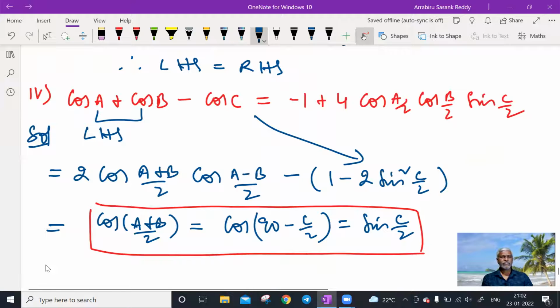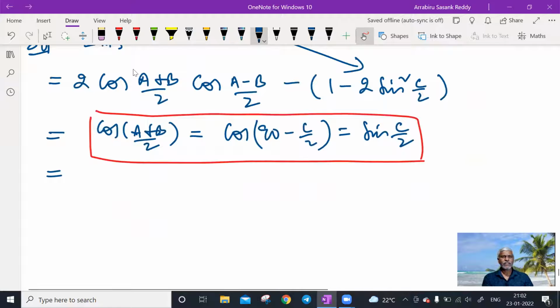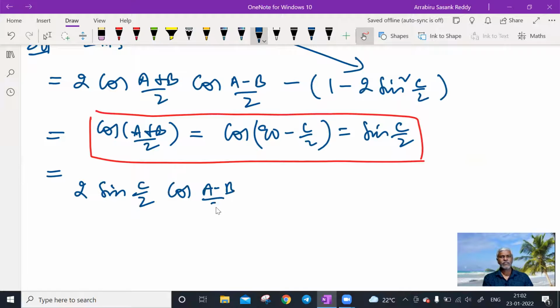Now cos (A+B)/2 times 2 sin C/2, right? 2 sin C/2, cos (A−B)/2. Minus into minus, this is −1 plus 2 sin² C/2, minus into minus is plus.